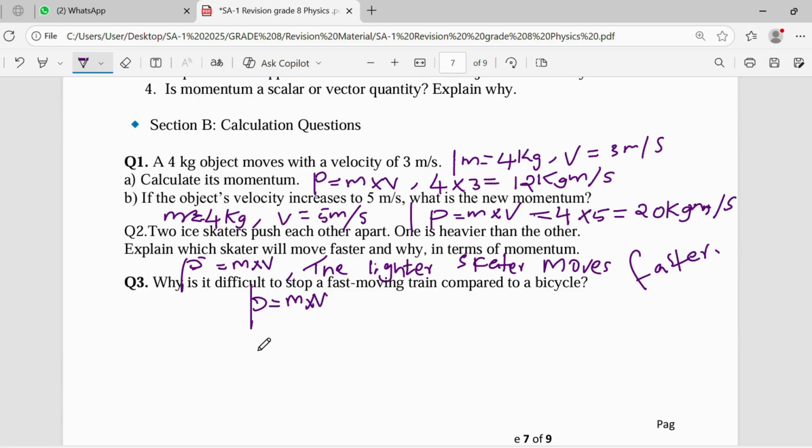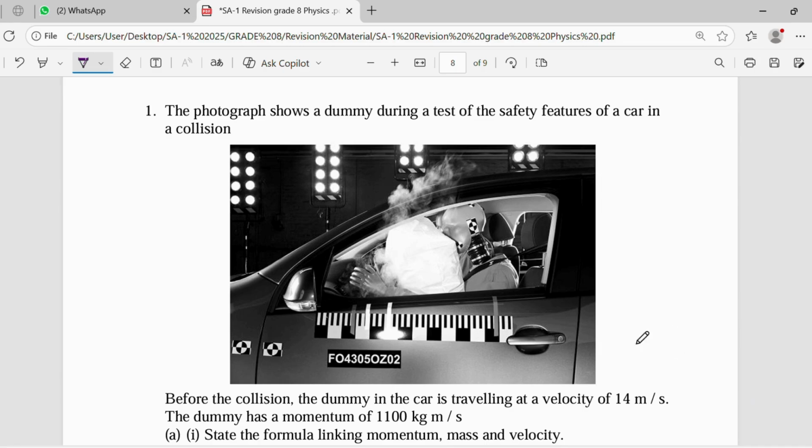And a train has a much larger mass and often a high velocity, so its momentum is extremely large. So to stop it, a large force or a long stopping time is required. That's why it is difficult to stop a train compared to a bicycle. Clear?